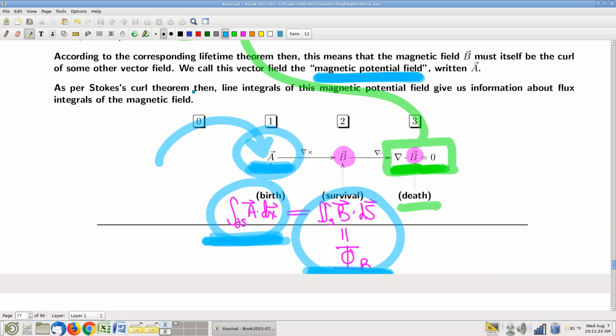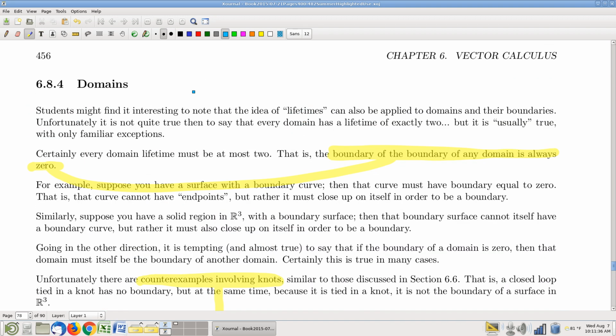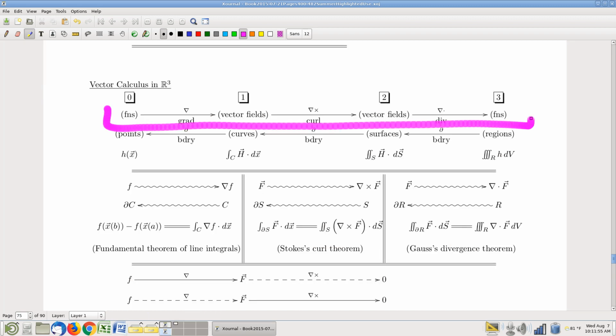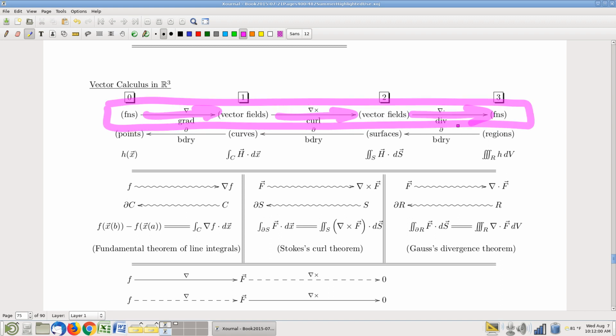Okay. A real quick thing I want to say, and I will be really quick about this one. There are kind of lifetime theorems of sorts, and again, it's just a metaphor for domains. We've been talking about integrands, and this process of time sort of passing as you go that way, and created our little metaphor of birth, survival, death, and lifetime, etc. about integrands.